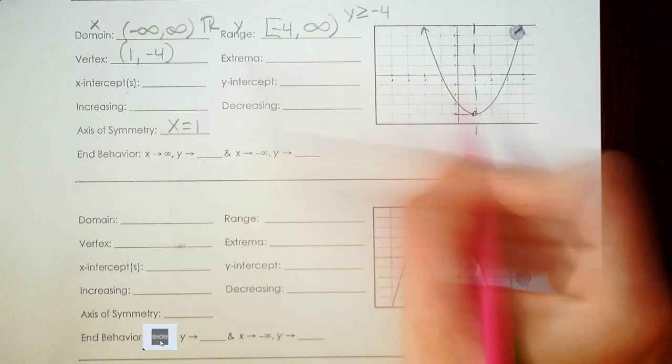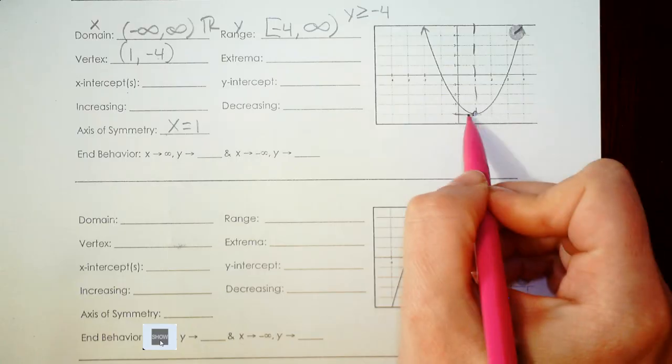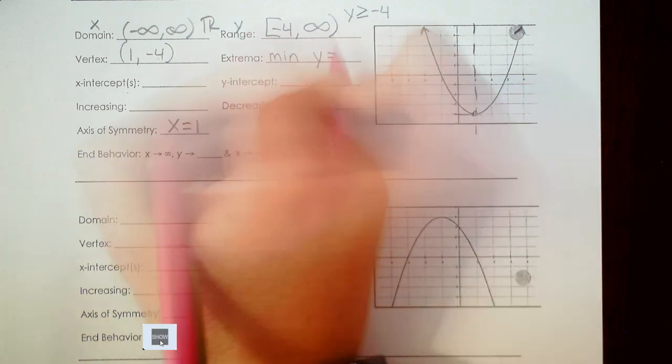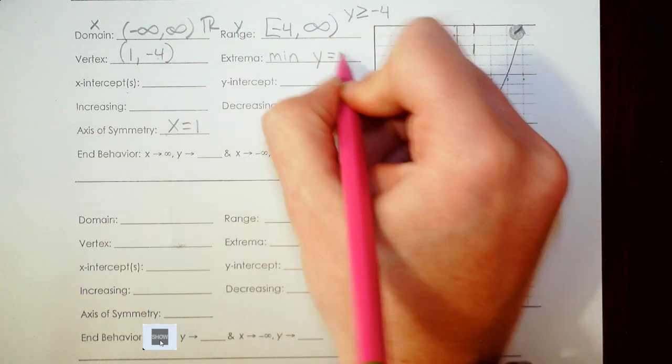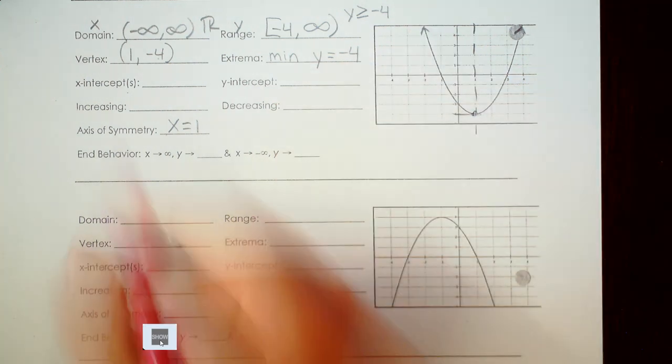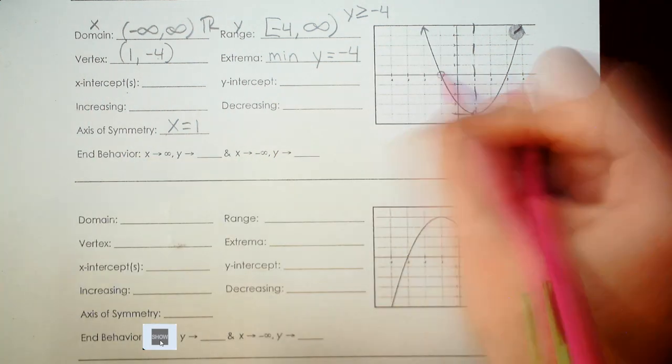Extrema. This has a minimum. So it has a min at y equals, what's our lowest point of y? -4. X-intercepts. This has two x-intercepts, right here and right here.